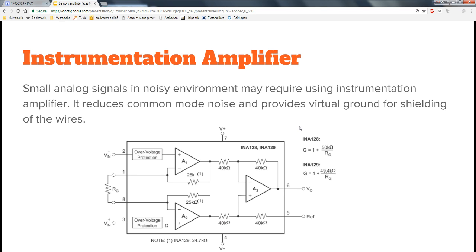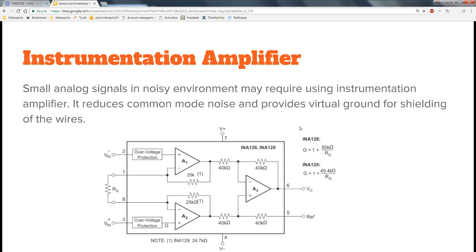So this actually is for very small signals. Sometimes you actually need to have this. This is the first stage of the analog signal conditioning, and that would be the instrumentation amplifier, especially in industrial environments. For example, a paper machine. Anyone been in a paper mill?